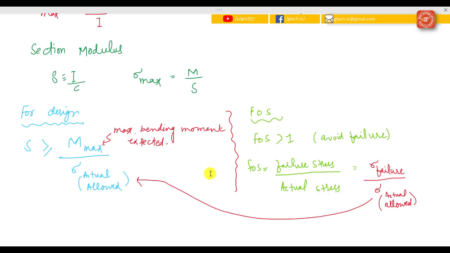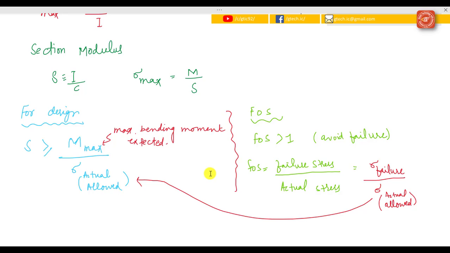However, from the standpoint of strength, the task eventually reduces to the selection of a shape and size of a beam, such that the actual stresses in the beam do not exceed the allowable stress for the material.